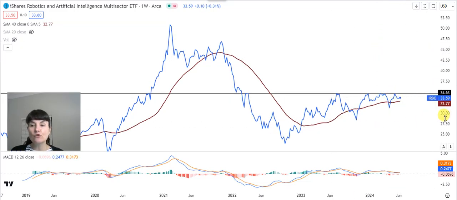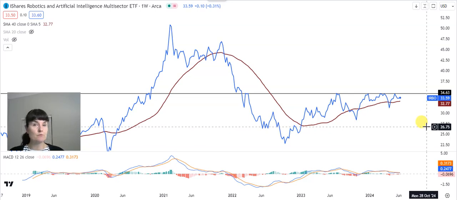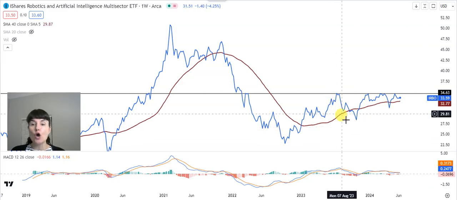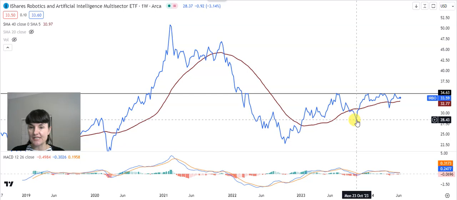My 40-week moving average waiting at $32.77 is also a support at the moment, telling me that the long-term sentiment towards this ETF is positive. Now, the lowest part of the handle is obviously this first handle, and that is waiting at $28.37, the closing price on this line graph, right?